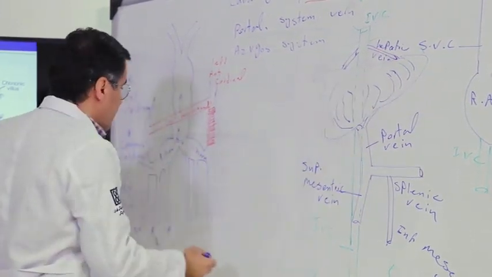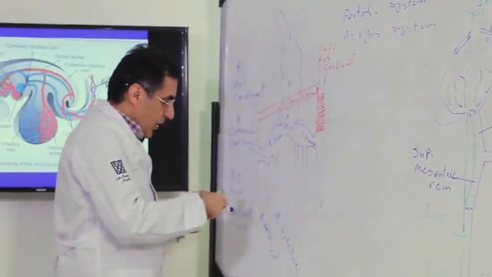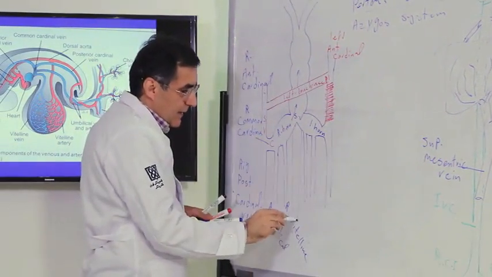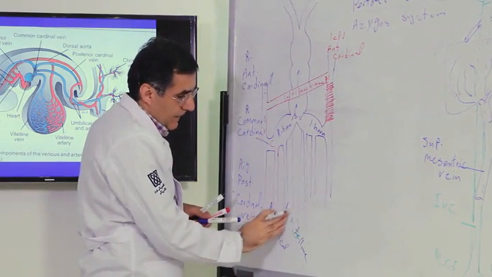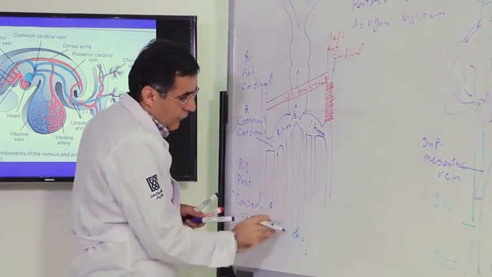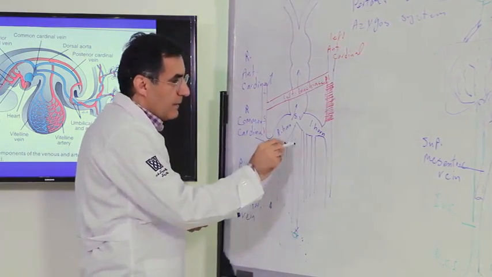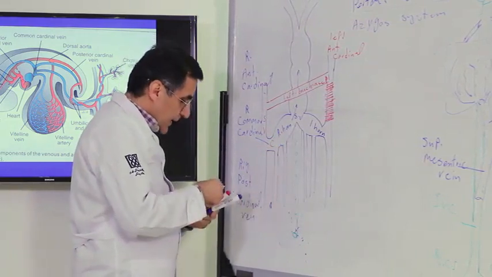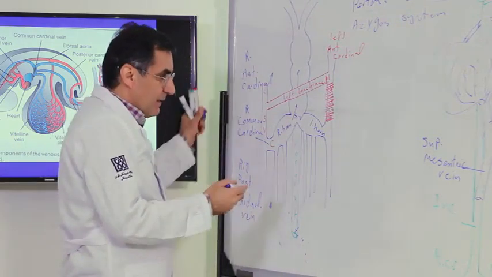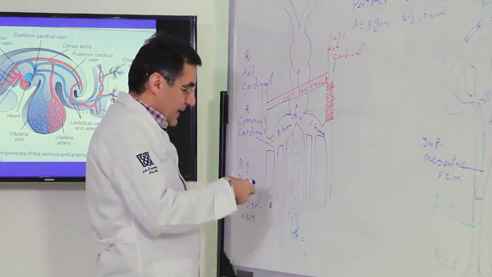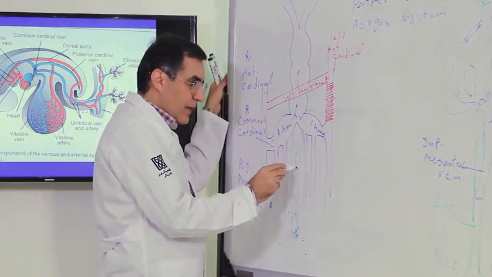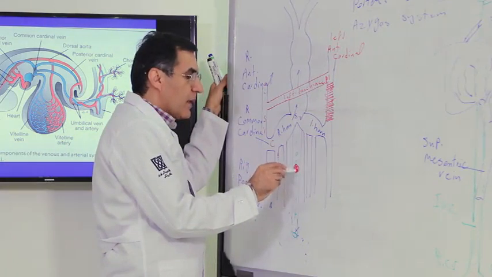Okay, the portal system. If you draw a GI tract, a future gut here, I draw the gut, for example, this is the foregut. You read in GI tract development that the liver develops here, outgrowing from the foregut. For example, the red color is the liver.